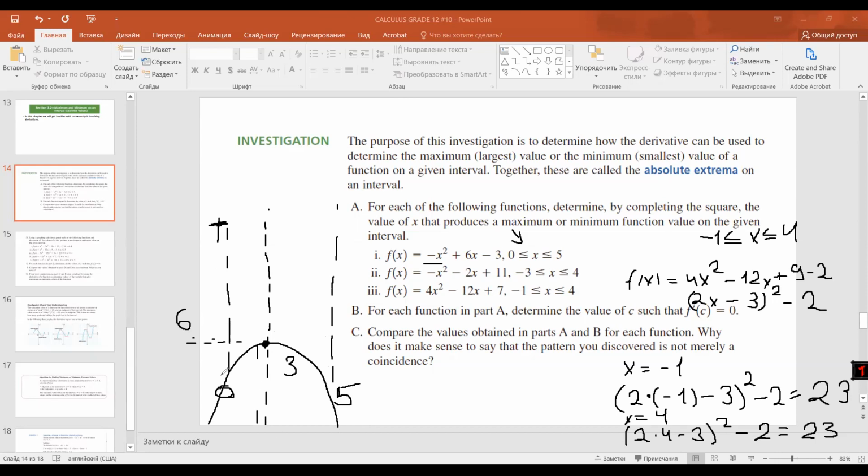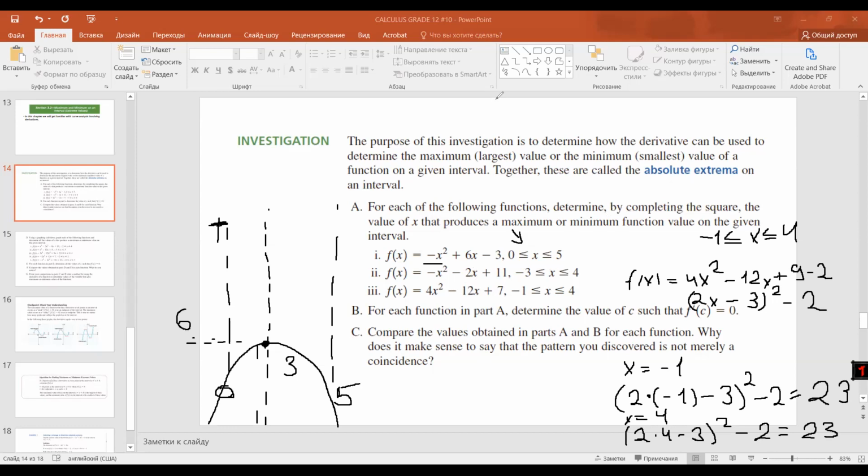So the first thing we need to do is factor out the coefficients for the one I'm doing, the second one. So in the second one, you can use the same approach. Factor out the coefficient of x squared. No, just plug it into the formula, x equals negative b over 2a. It depends on what method of completing the square you use.